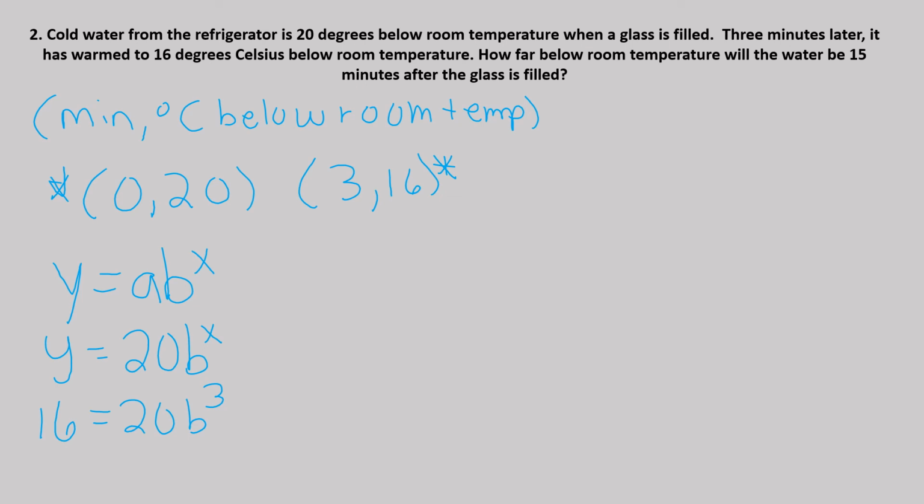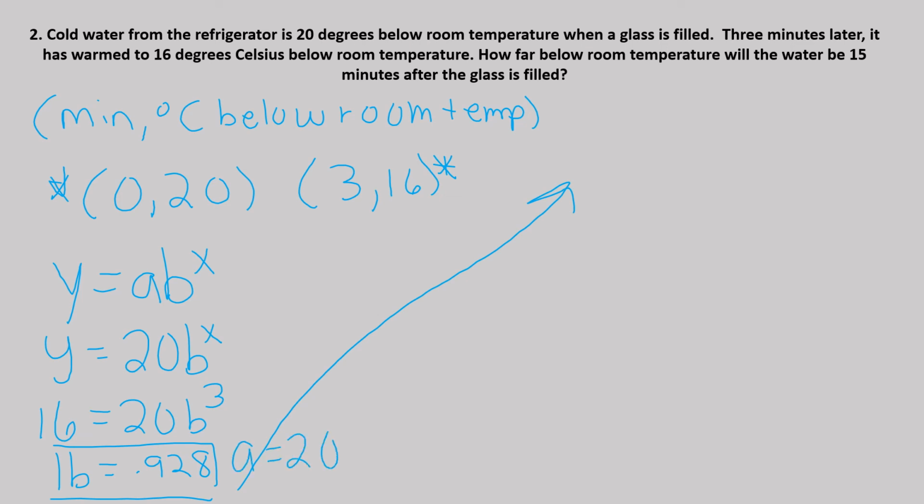And once we work this out, we are going to have b equals 0.928 via a calculator. And once we have our b, we're going to plug this in. y equals 20 times 0.928 to the x.